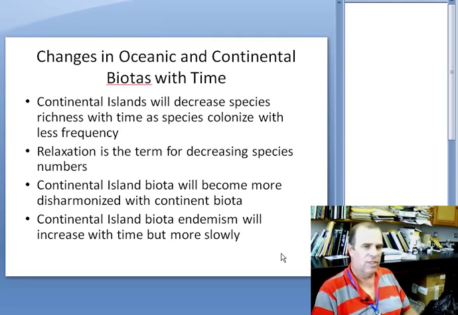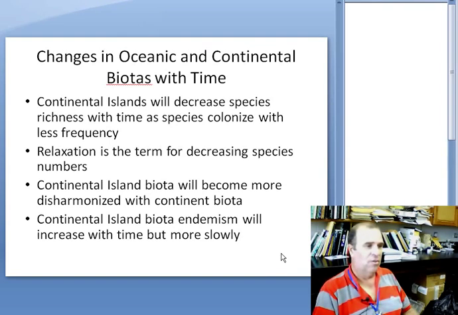The continental island biota will become more and more disharmonized with the continental biota as the species which are more vulnerable to extinction, those which are larger and need more area to support a minimum viable population size, become extinct and are not replaced by colonization from the mainland.